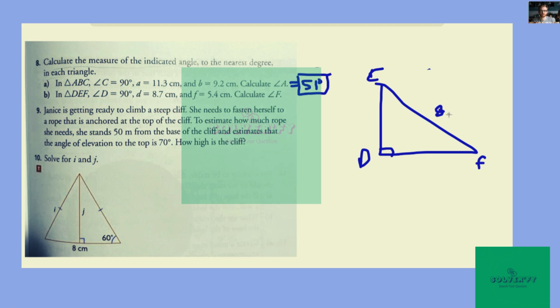Side D is 8.7. Side F is 5.4. We want to find angle F. Well, from angle F, we've got the opposite and hypotenuse. Well, that's sine. The sine of angle F would be equal to 5.4 over 8.7.